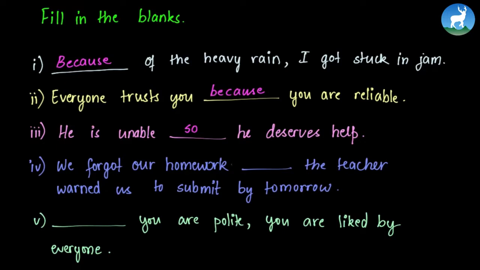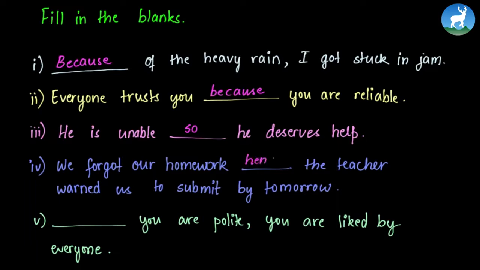Next we have, we forgot our homework. The teacher warned us to submit by tomorrow. So again, we need the resulting connective here because after forgetting the homework, the result was that the teacher warned us to submit it by tomorrow. Now here we can use so, and we can also use hence.